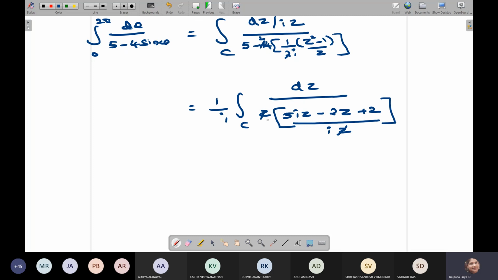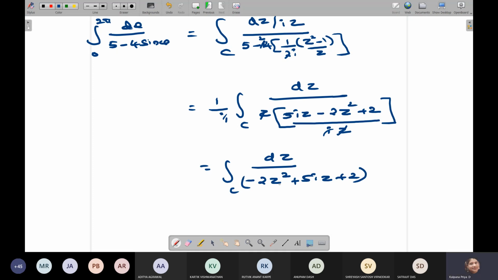So this gets cancelled, i also gets cancelled. So integral over C dz by minus 2z square plus 5iz plus 2.